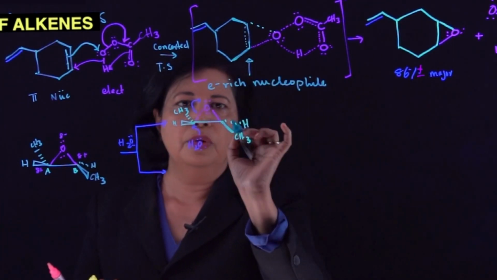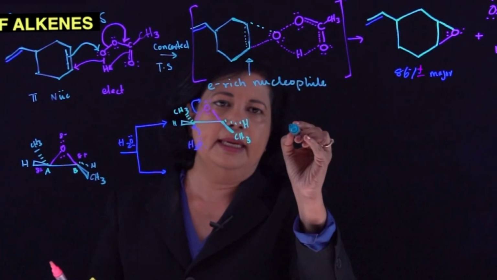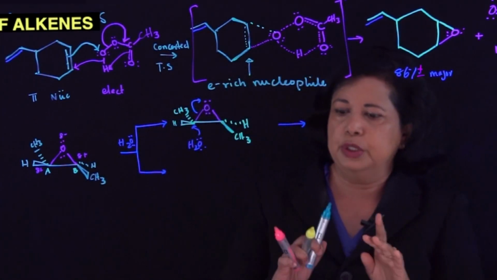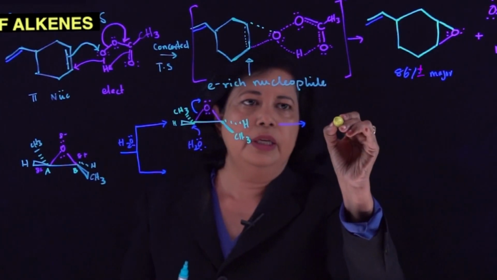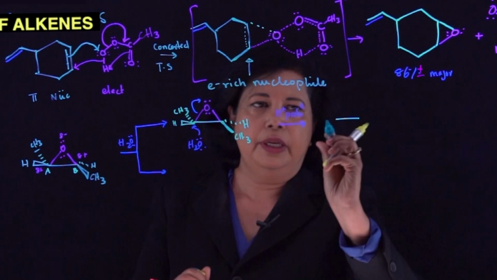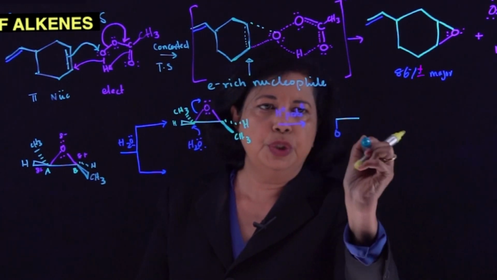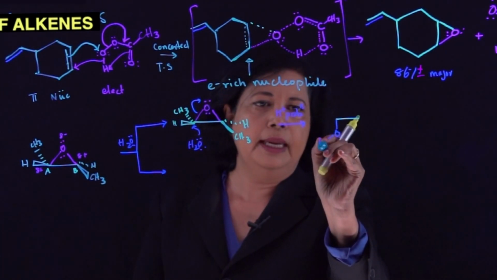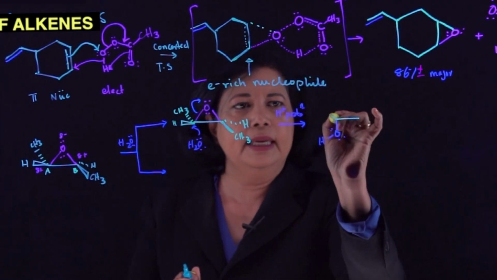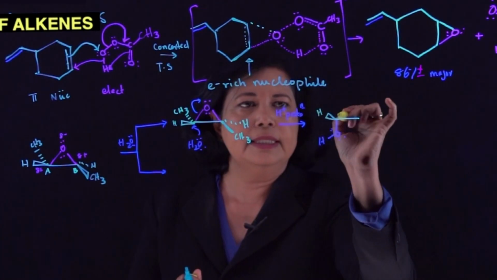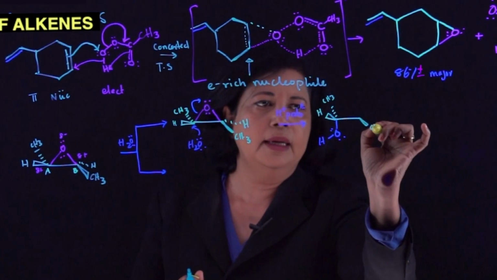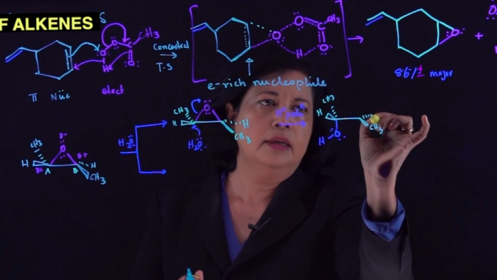So this rolls over and gets protonated. And I'm going to not draw that step. It's very similar to what you did in SN2 and SN1. And so here, after protonation, you are going to get over here an OH2 that's going to get deprotonated by water again. And you will get a hydroxyl on the other side. But these groups on the side are going to remain the same throughout.